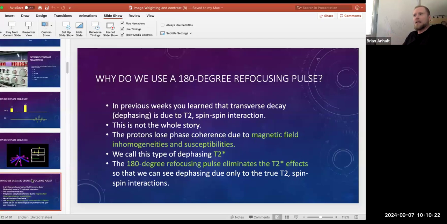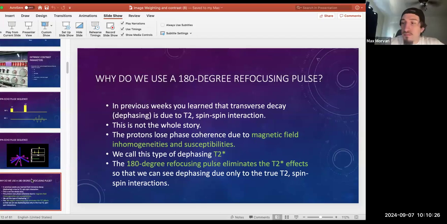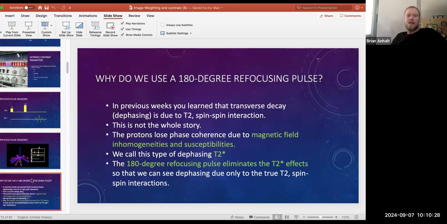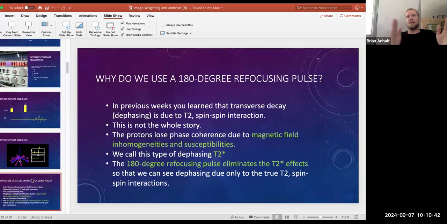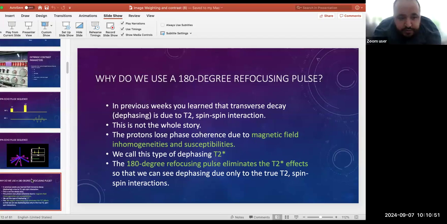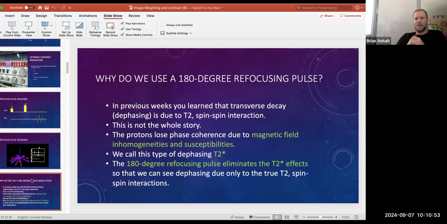What is inhomogeneity? Evenness? Yeah, inhomogeneity is unevenness of the field, right? So the field strength being not the same, right? If the field strength is not the same, what happens to the Larmor frequency? It changes depending upon the field strength, right?